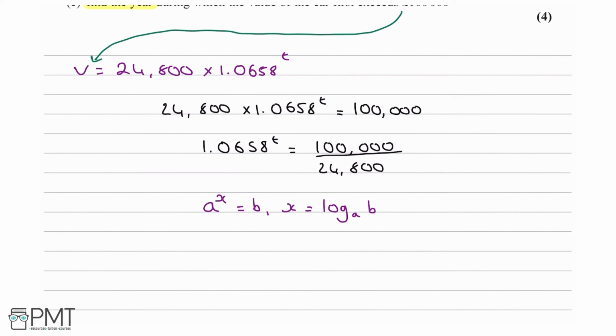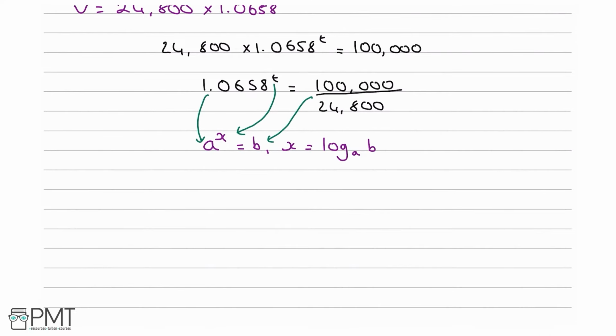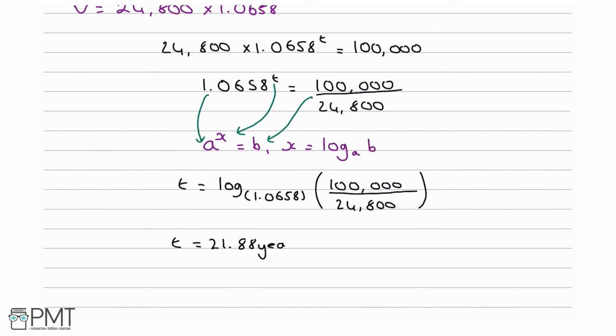So if we say our a is 1.0658, our t is x, and our b is 100,000 over 24,800, we will know that t equals the log base 1.0658 of 100,000 over 24,800. Put it into your calculator, you will get a value of t as 21.88 years.